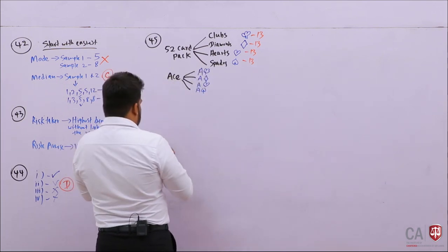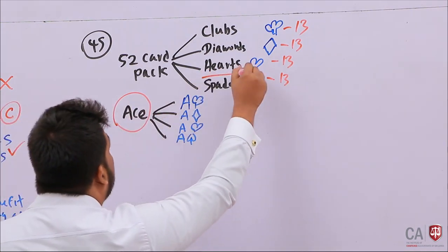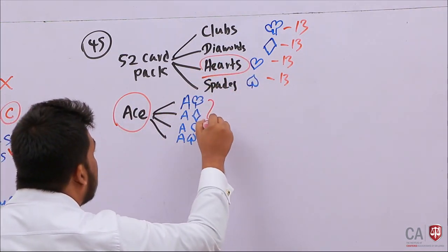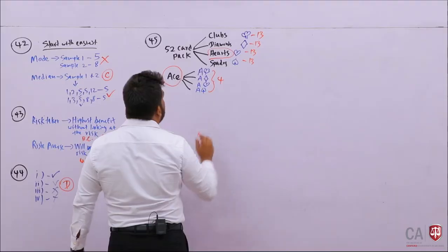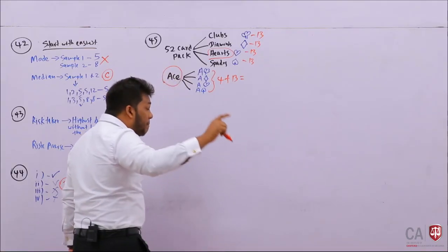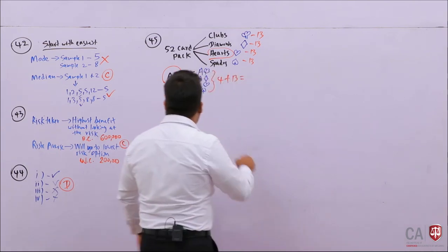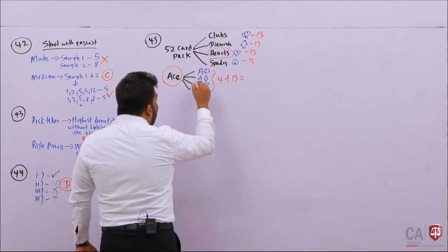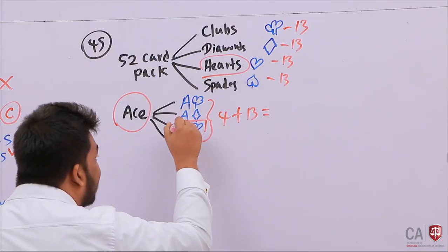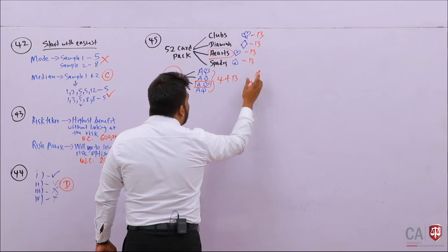Ace or a heart. How many Aces are there? 4 Aces are there. How many hearts are there? 13 are there. But please make sure there is one Ace which is a heart, so this you have to minus. Why?